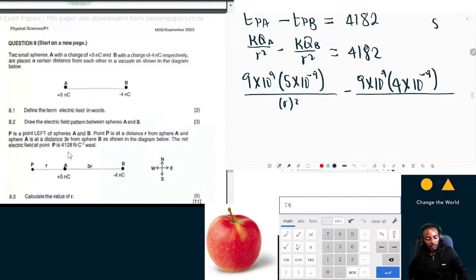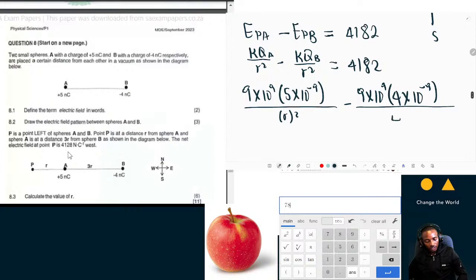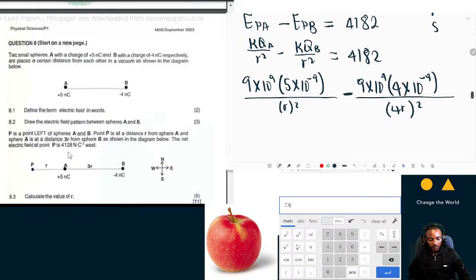The separation between point P and this charge is 3R plus R, which is 4R. Note, I didn't put the negative sign there because I have accounted for it when I used the free body diagram to determine the direction, so I'm not going to put the negative and positive signs of the charges in my calculation.